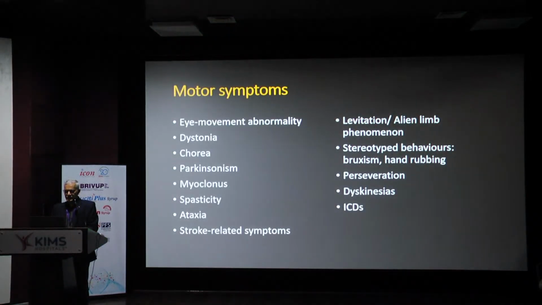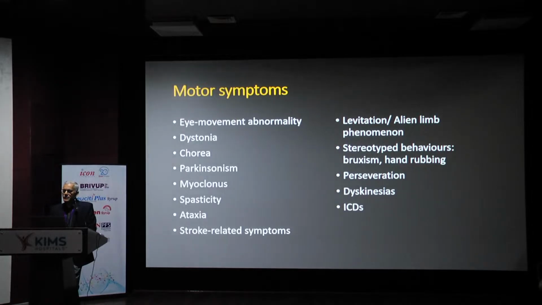Of course, I have told that examine the motor system very properly. Eye movement abnormality is very important for neurologists. Dystonia, chorea, ballism or Parkinsonism, myoclonus, spasticity, everything to be picked up. If the patient is having cognitive symptoms and all these symptoms, it might give a clue that the patient has a basal ganglia disorder or a subcortical disorder.